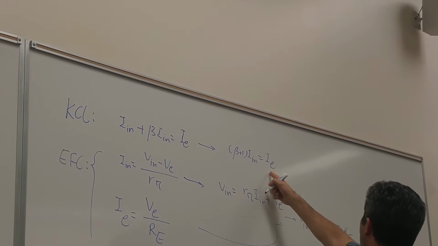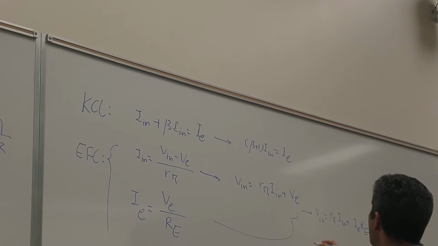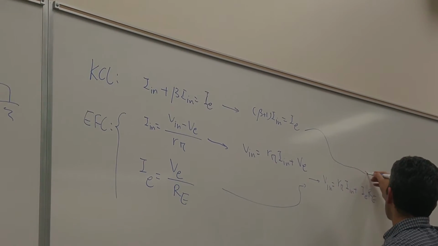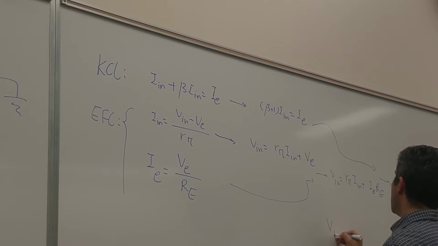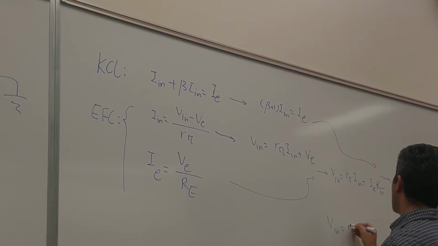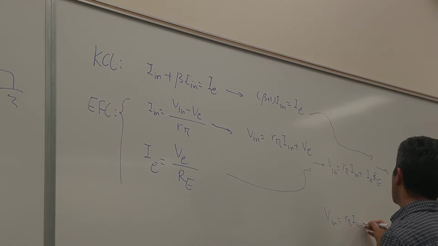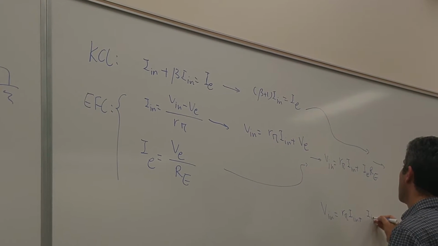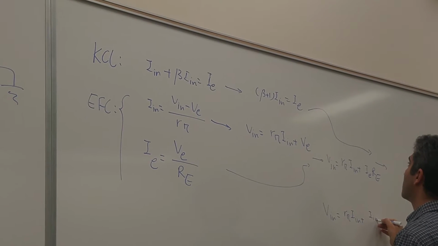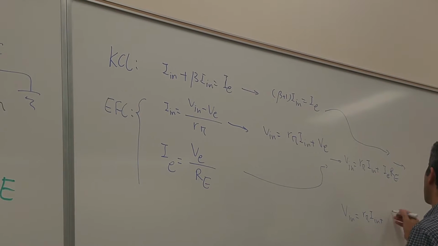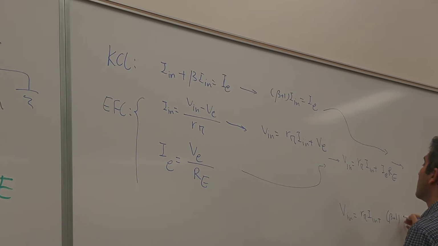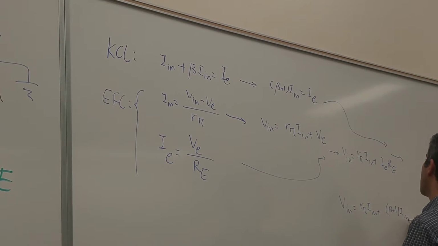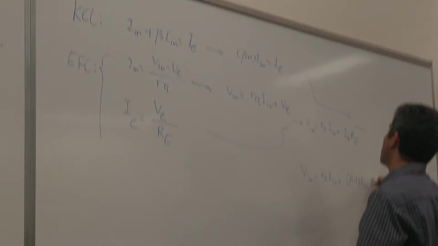And I know how IE relates to I in from this equation. Now I have V in is equal to R pi I in plus beta plus 1 times I in, times RE.